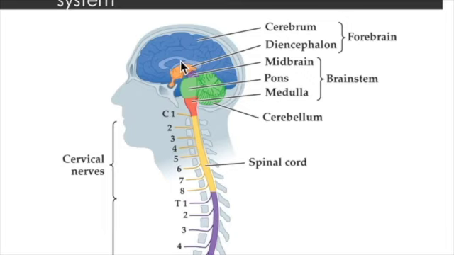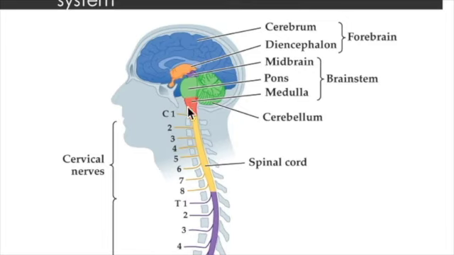So that's the top level of the human central nervous system, and this then connects to the spinal cord, which runs down the length of your spine. And then the cervical nerves that are coming out of it interface with the peripheral nervous system.